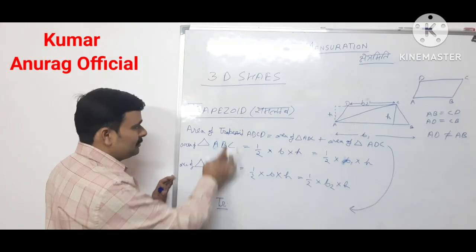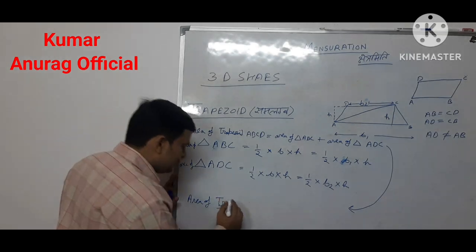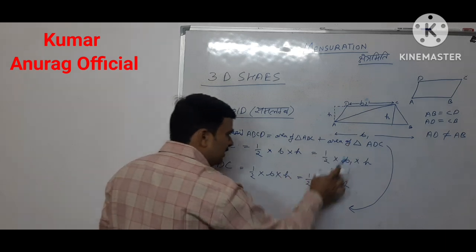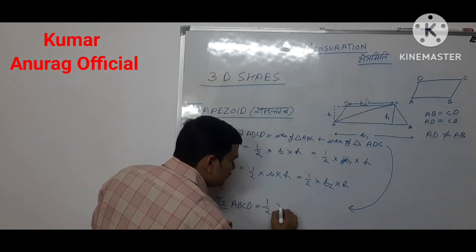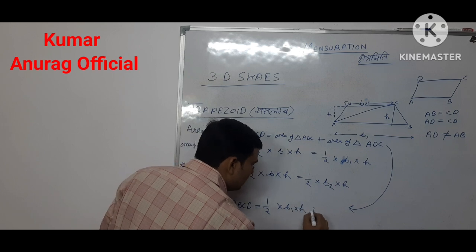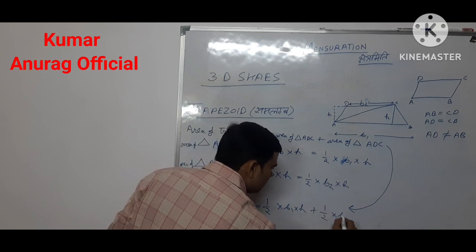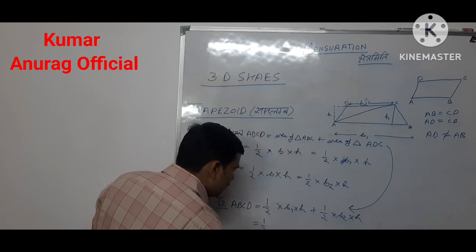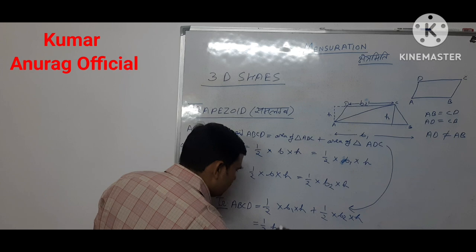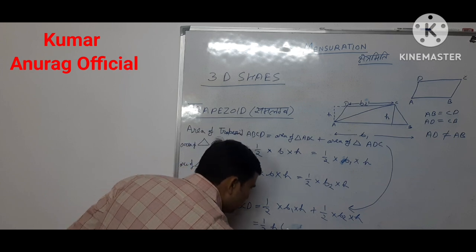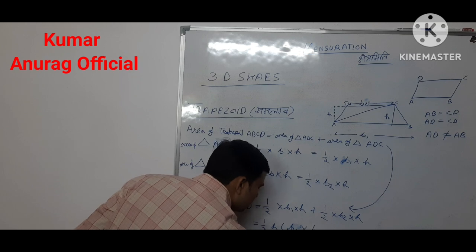I denoted trapezoid ABCD as TR. Trapezoid ABCD is equal to, when we combine both, 1/2 into B1 into H plus 1/2 B2 into H, and we will get 1/2 common and H common and B1 plus B2.